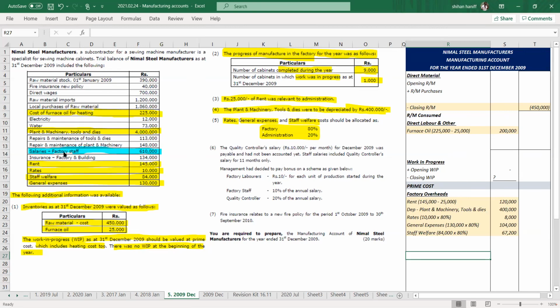And also, management had decided to pay bonus on a scheme as given below. Factory labors 10 rupees for each unit of production started during the year. Can you all tell me how many units started during the year?